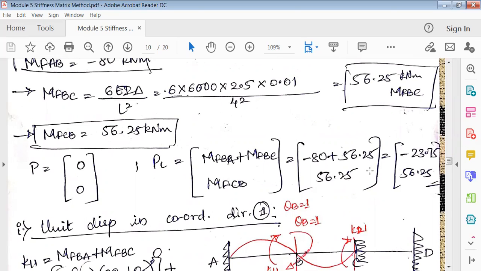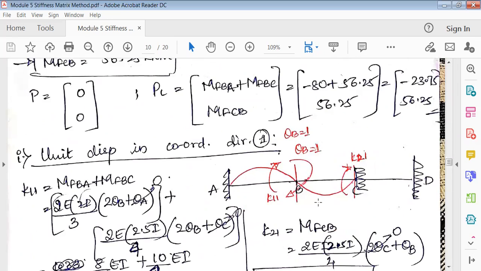Once you find this P and PL, next is to find the stiffness matrix. To find the stiffness matrix, apply unit displacement in coordinate direction 1. Fix all the supports, only release joint B, that is coordinate direction 1. Apply unit displacement, that is theta B equal to 1.